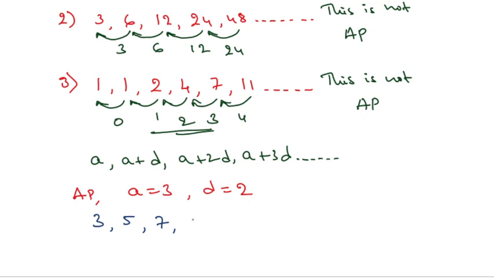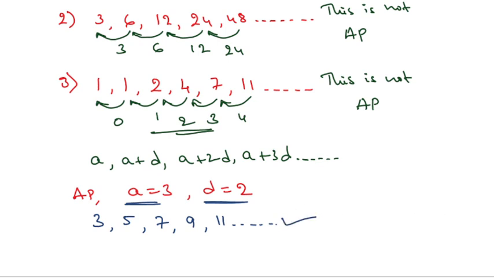Next, 3 plus 3 twos are 6, 9. Again 9 plus 2, 11, and so on. So from this, if you know the value of a and the value of d, you are able to write the arithmetic progression.